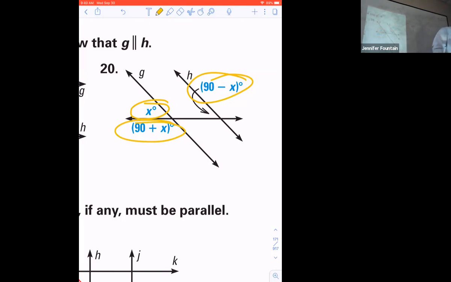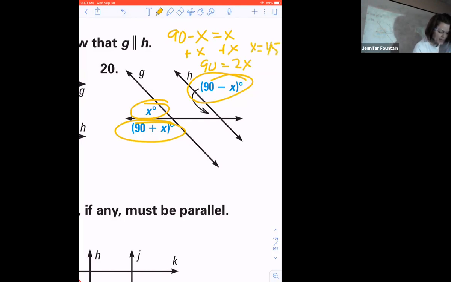So when we look at those two, if I've got 90 minus X equals X, add X, 90 equals 2X, so X equals 45.